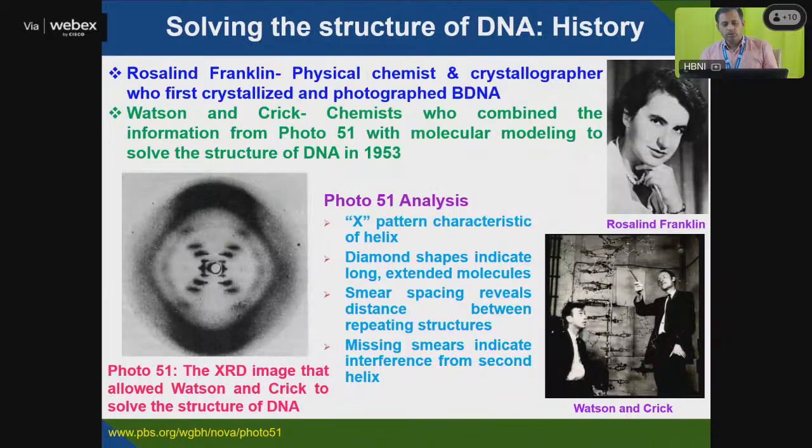If you see one example, I'll just discuss DNA. All of you know that the DNA crystal structure was solved by Watson and Crick. They used single crystal analysis. Initially, Rosalind Franklin, a physical chemist and crystallographer, first took a photograph of B-DNA, the Photo 51.